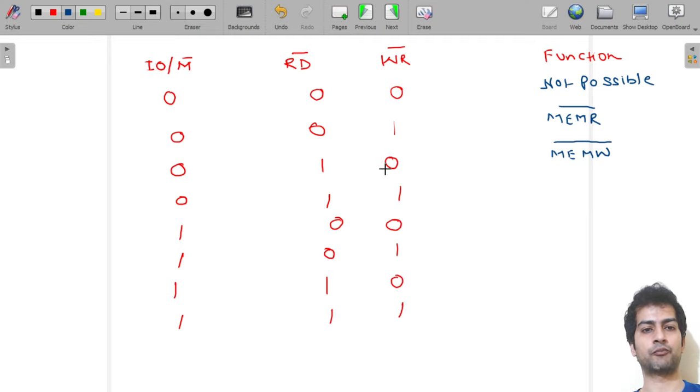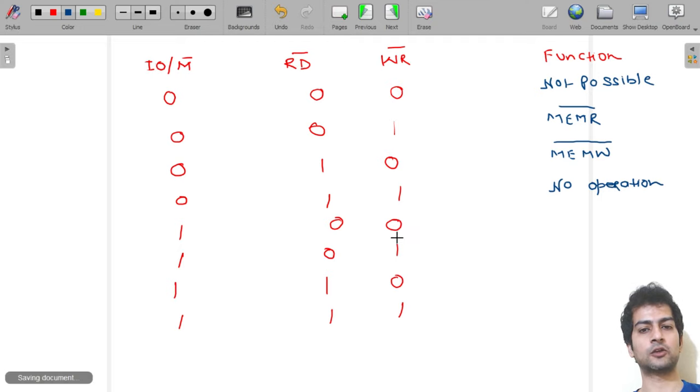Now here it is 1 1, that is, the microprocessor is neither reading nor writing. Here there is no operation.